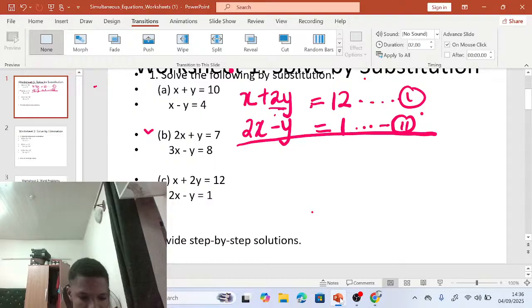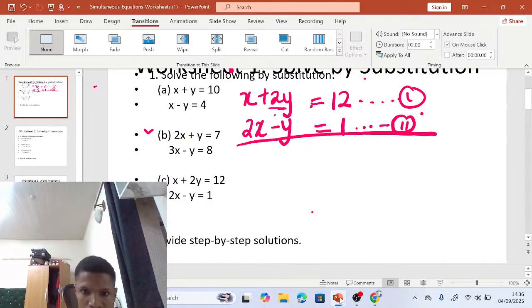How to solve simultaneous equation by substitution method is very, very easy.